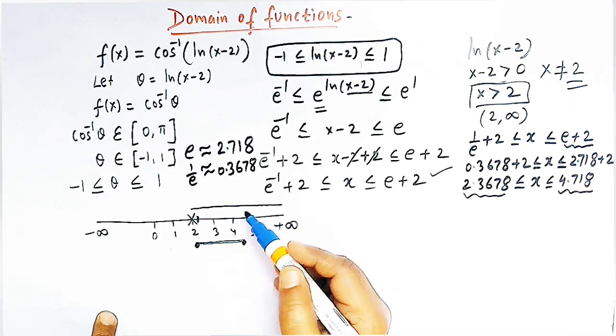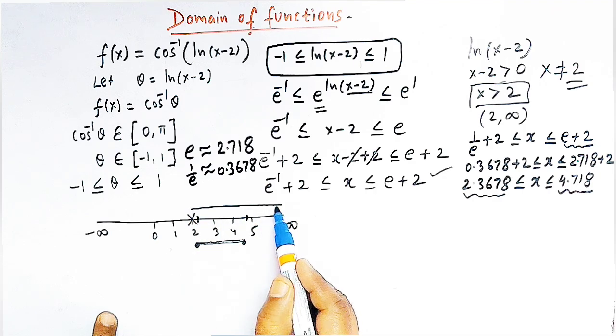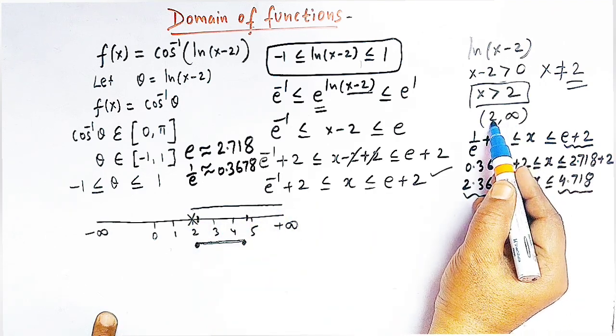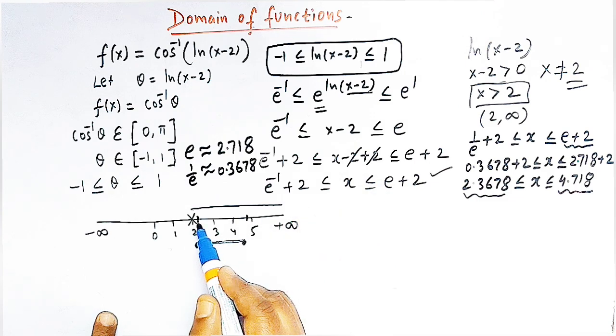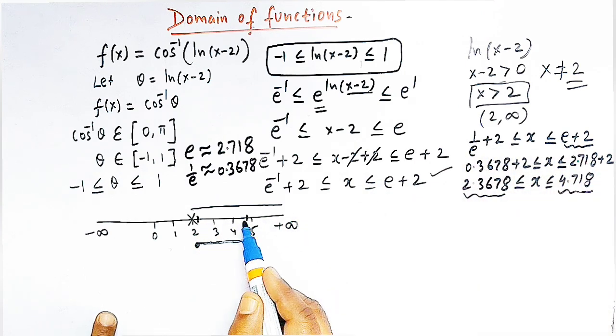So now we have to identify the common region between these two regions. That is first from 2 to infinity, where 2 is not included, and from 1 over e plus 2 to e plus 2.